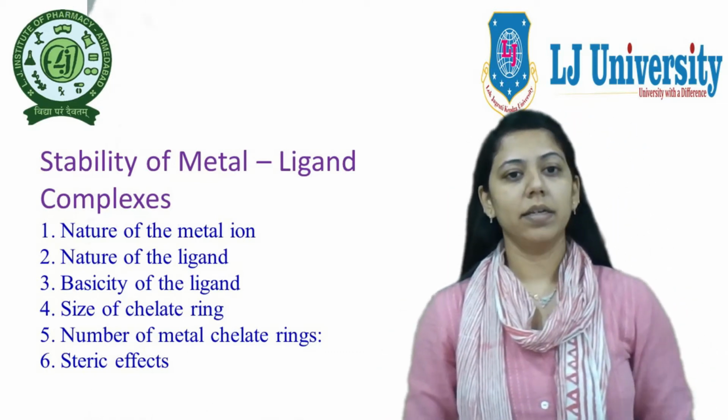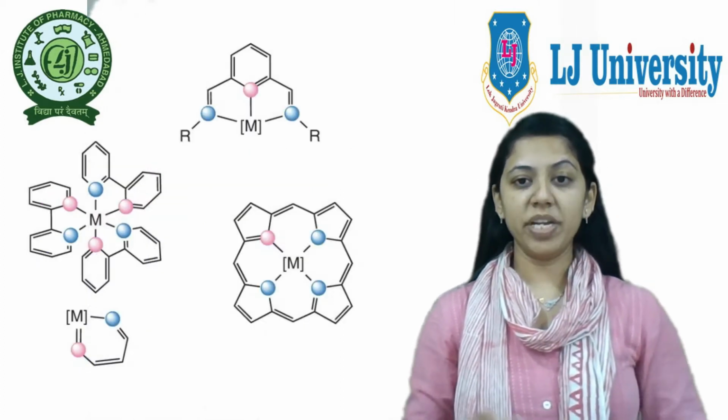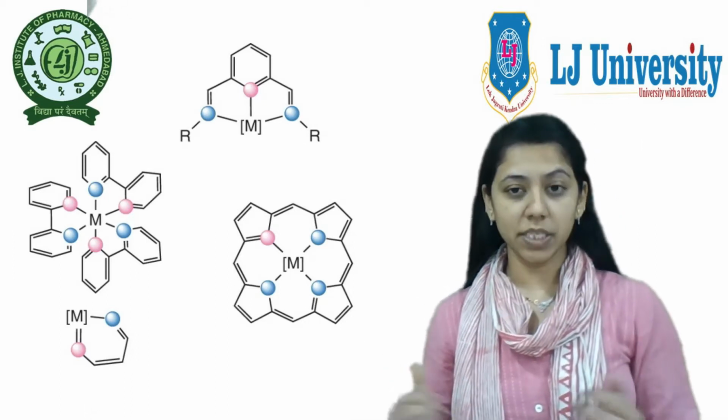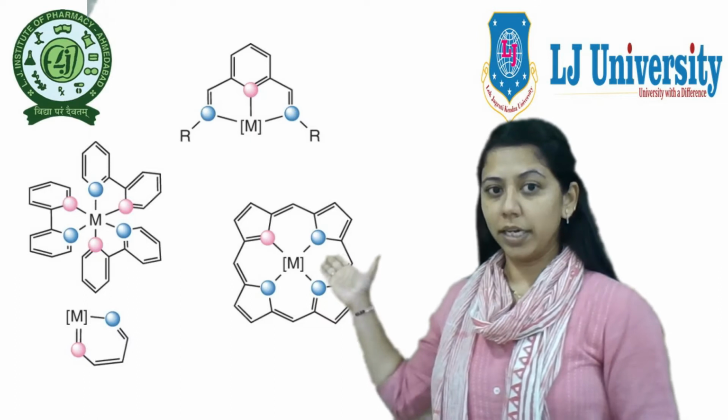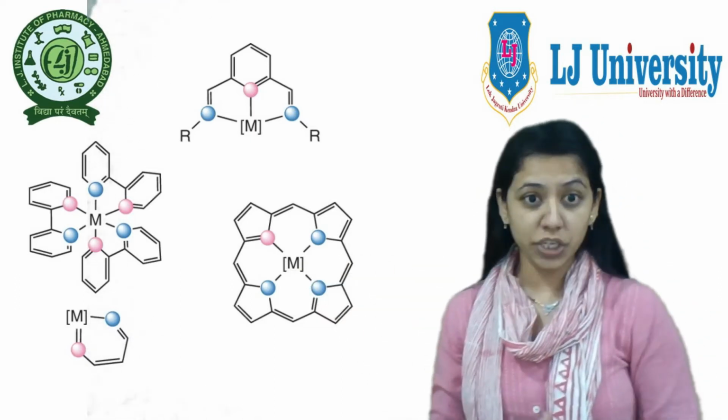The next is size and number of chelate rings. The formation of a 5 or 6 membered ring provides the maximum stability. Here you can see different sizes. The bigger ring is more stable.